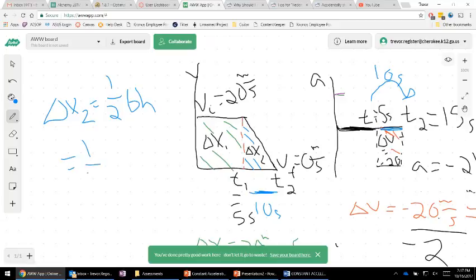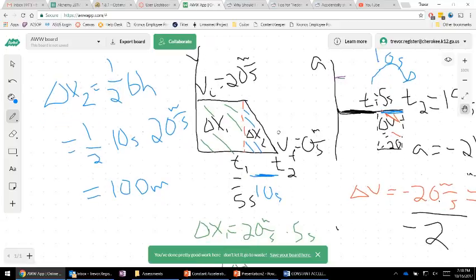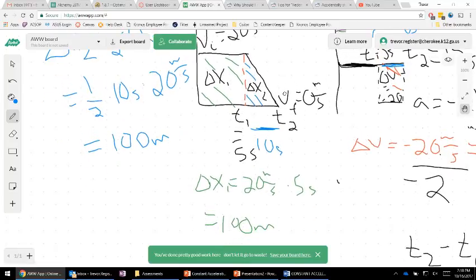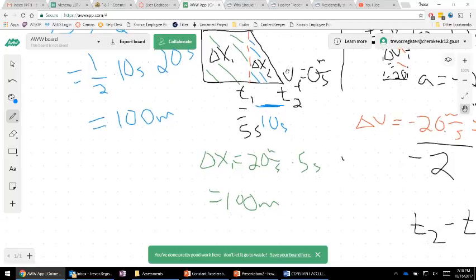So we get 1/2 times 10 seconds times 20 meters per second, and so delta x2 is 100 meters. That's the distance that the car travels while it's slowing down. And if we want to calculate the total distance it travels throughout this whole motion, we just add the two together. So delta x total would be 200 meters.